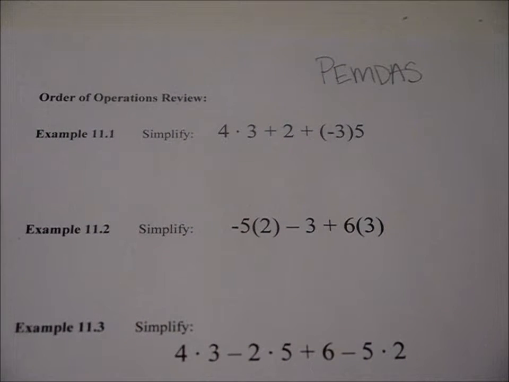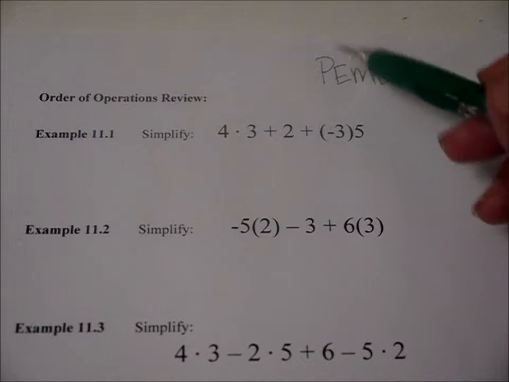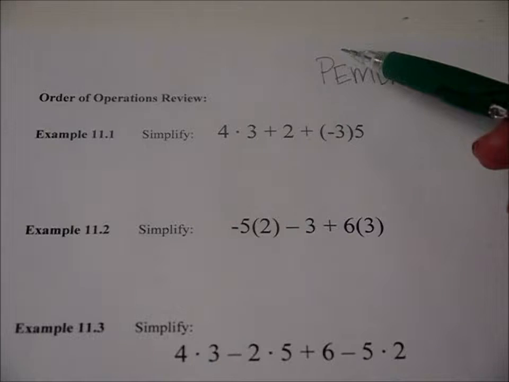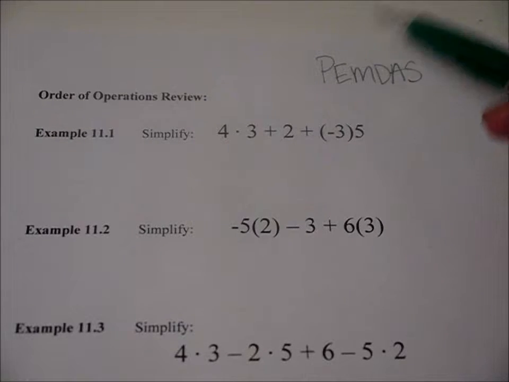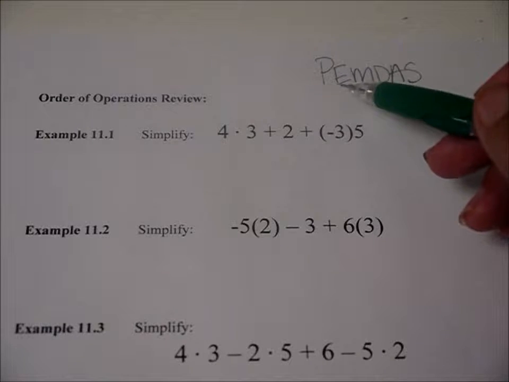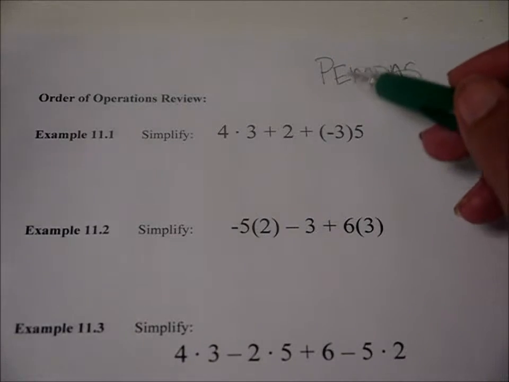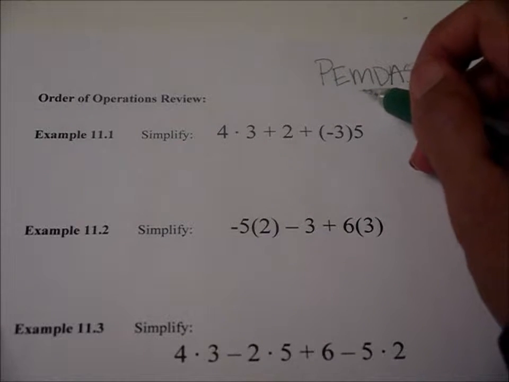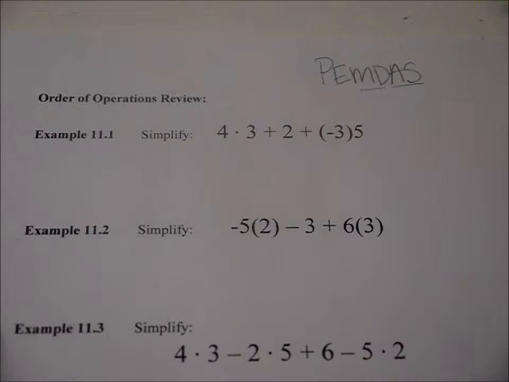Maybe think of parentheses as any symbol of inclusion, and we'll do that in one of the next lessons. What I want to say is about multiplication, division, addition, and subtraction.